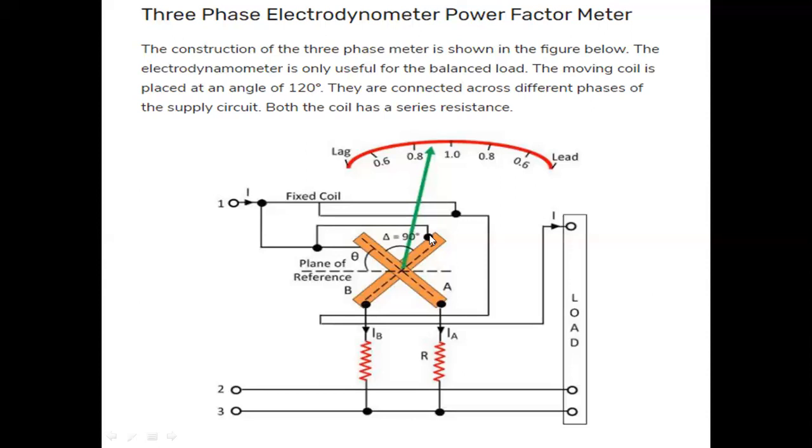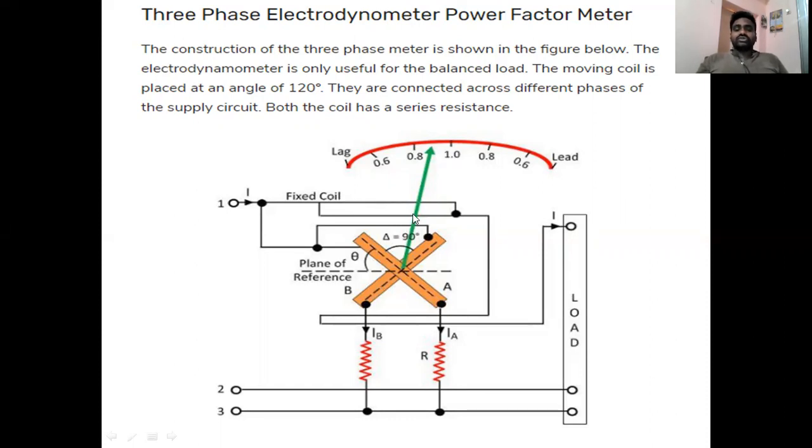This is about the peculiar construction. The fixed coil carries the current, which is why it is called the current element, and the moving coils carry a certain amount of voltage, which is why they are called the voltage element.